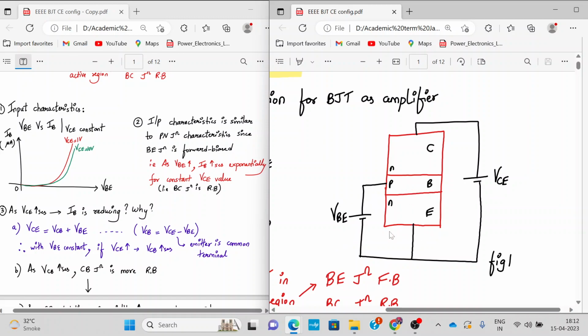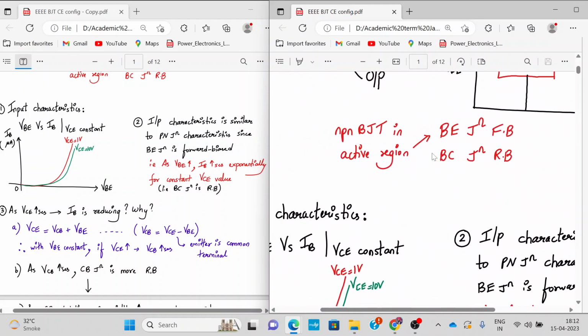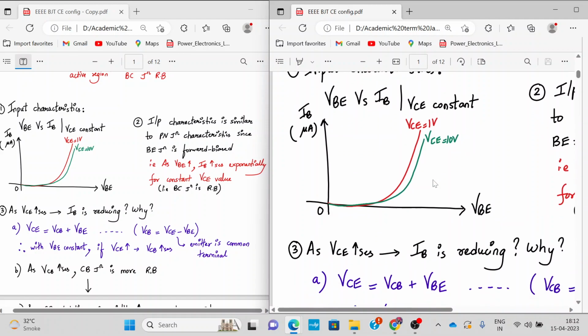So more electrons will be emitted out of the emitter and reach the base terminal, and hence will be collected by the collector terminal. So as you increase the value of VBE, IB increases exponentially as expected, for a constant value of VCE. Because your base-collector junction is reverse biased, it will be able to collect the electrons at the collector terminal.